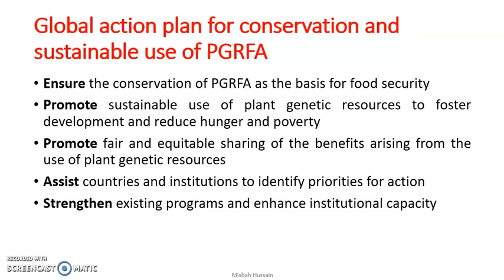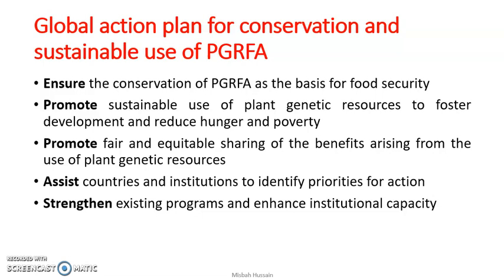And this treaty should help the countries and institutions to identify their priorities, what their priorities are and what actions they should take to protect these plant genetic resources for food and agriculture.